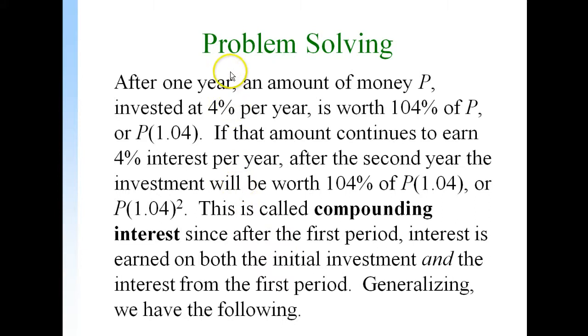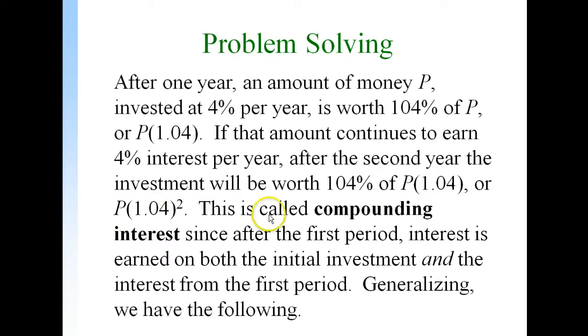So here's a word problem. After 1 year, the amount of money P, that's the principal, invested at 4% per year is worth 104% of P, the principal. If that amount continues to earn 4% interest per year after the second year, the investment will be worth 104% of your original 104%.